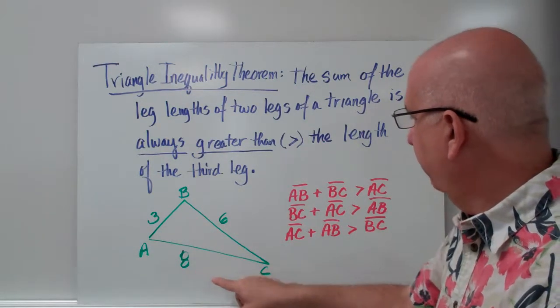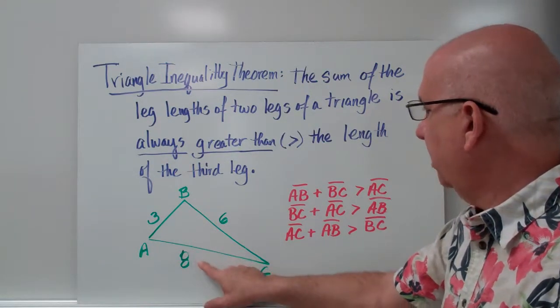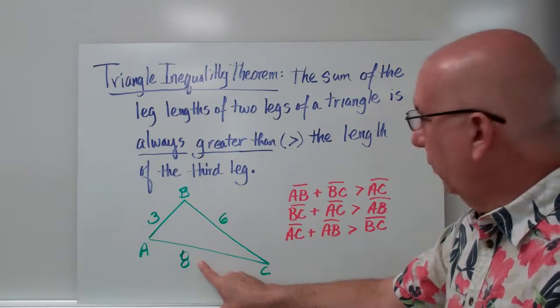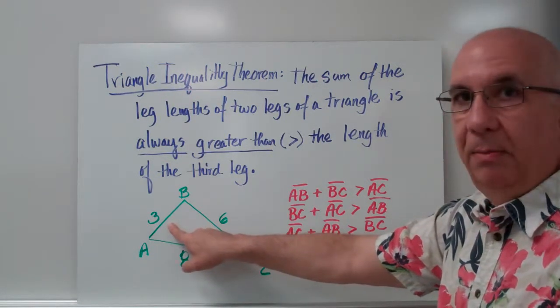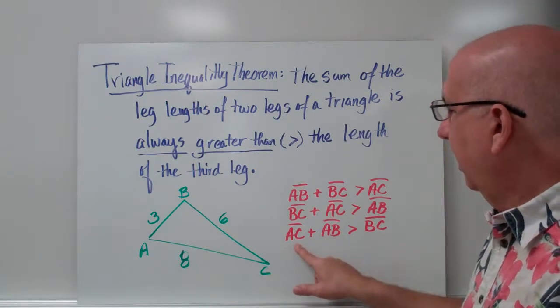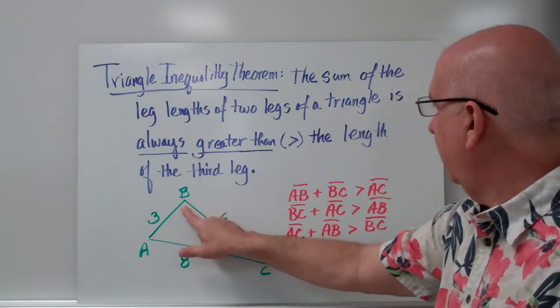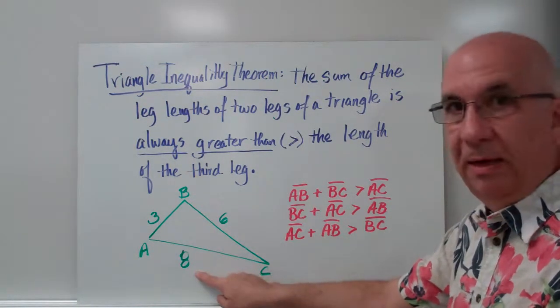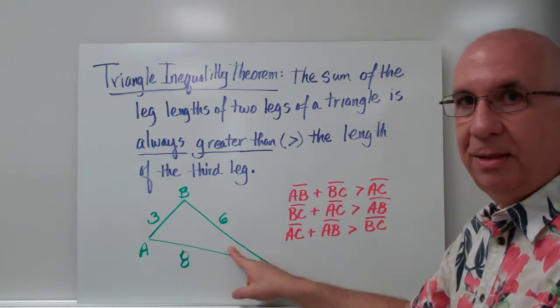Likewise, if I add BC, 6, plus AC, 8, that's 14, that's going to be greater than AB, 3. Finally, AC, 8, plus AB, 3, 11, is greater than BC, 6.